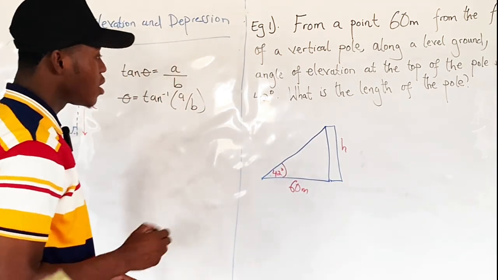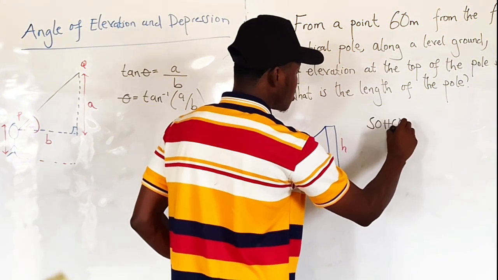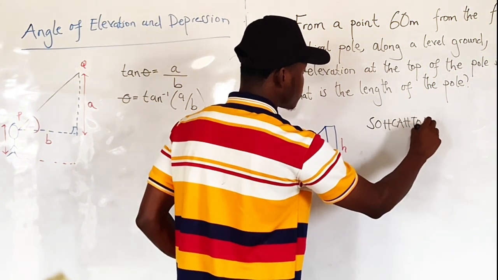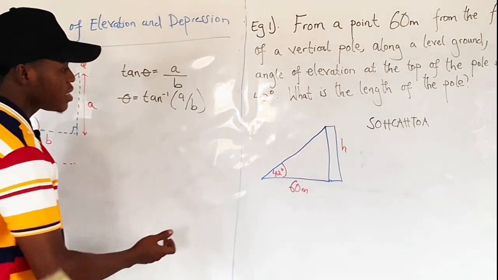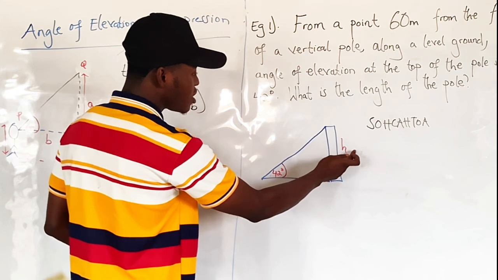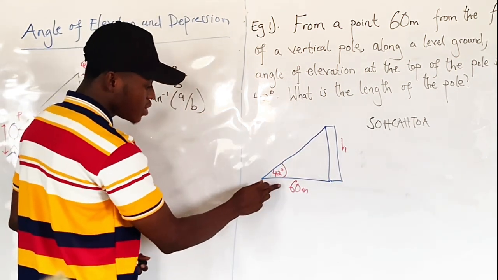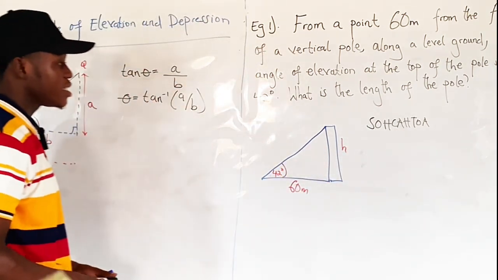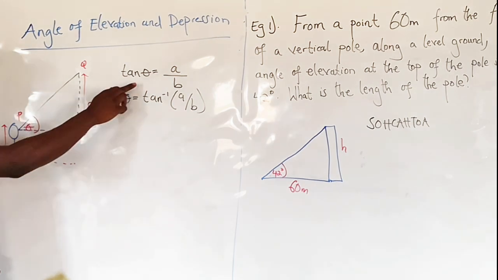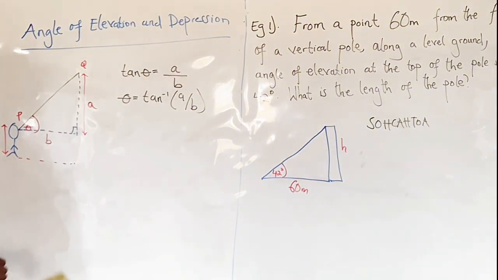So remember, from SOHCAHTOA, the appropriate trigonometric ratio which relates the opposite, which is the height of the pole, to the 60 meters here, which is adjacent to the angle 42, is tan. You realize that even for the angle of elevation, the appropriate trigonometric ratio used here is tan of the angle theta to find the opposite and the adjacent side.